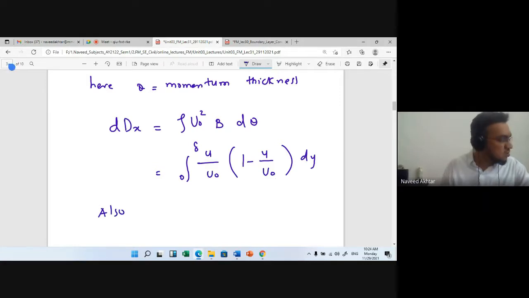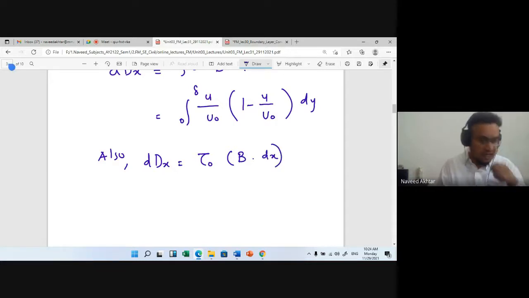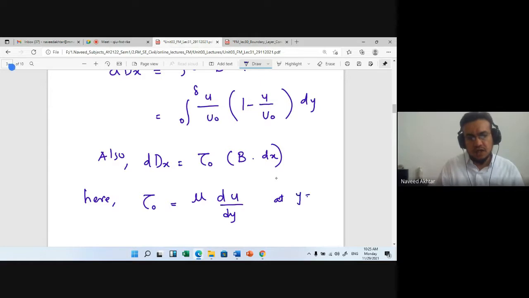Also, the derivative dD by dx is nothing but tau 0 into b, where tau 0 is the shear stress. Here we know that tau 0, the shear stress, is nothing but mu times dou u by dou y at y equal to 0.